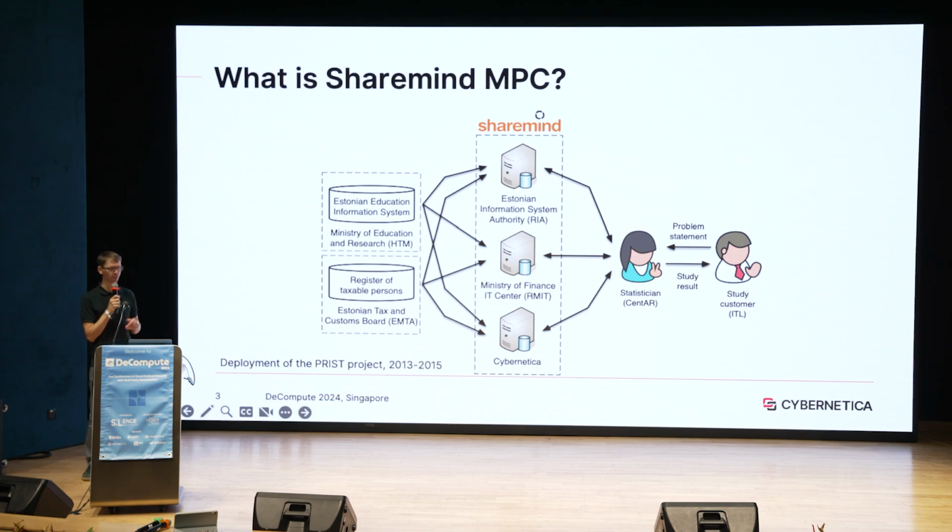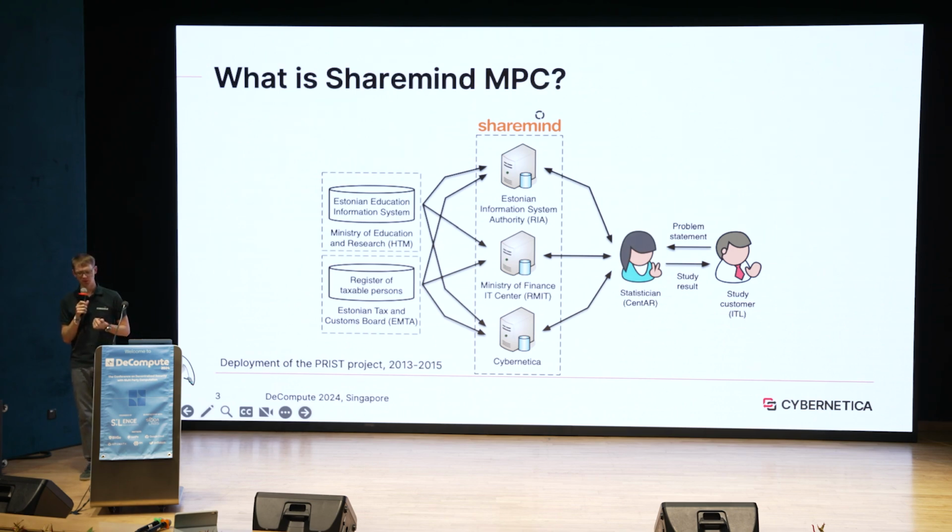That was the hypothesis. The answer is no, by the way, according to this study. But anyway, we got 600,000 education records and over 10 million tax records from the respective ministries.